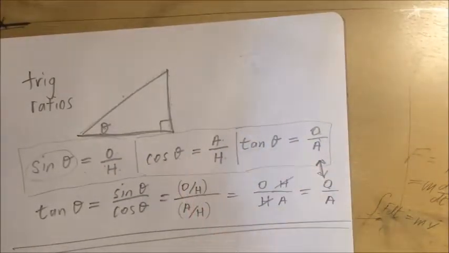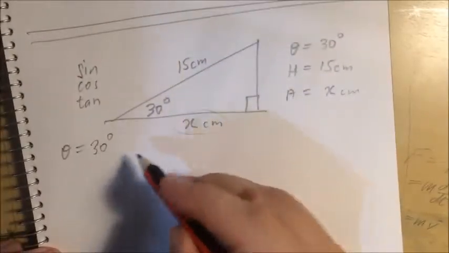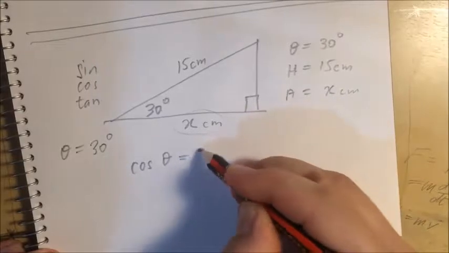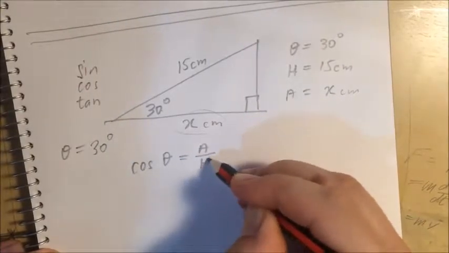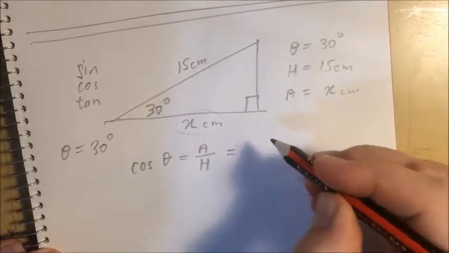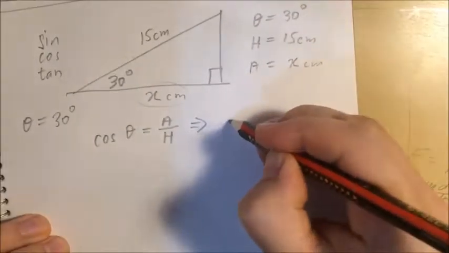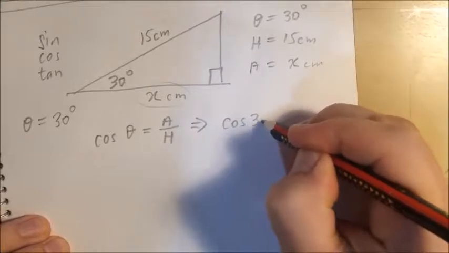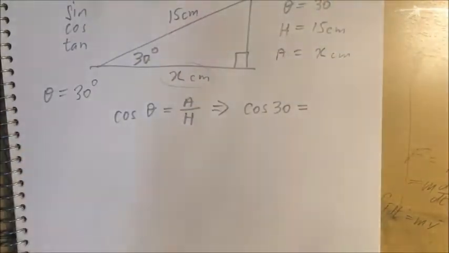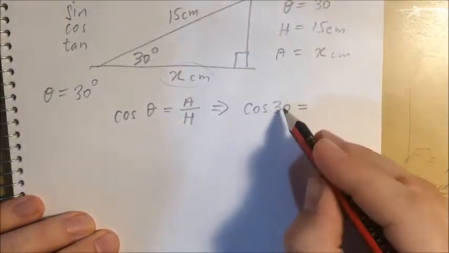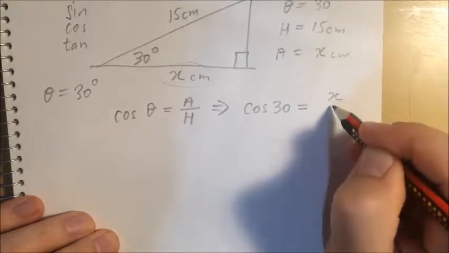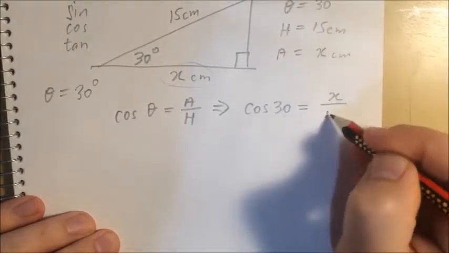So we'll use cos theta. Cos theta equals adjacent over hypotenuse. So this turns into cos of 30 equals, is this in camera? Yes. Cos of 30 is the adjacent, which is x, over 15.